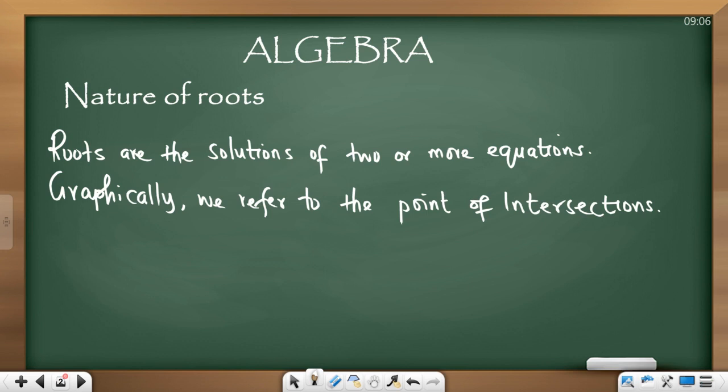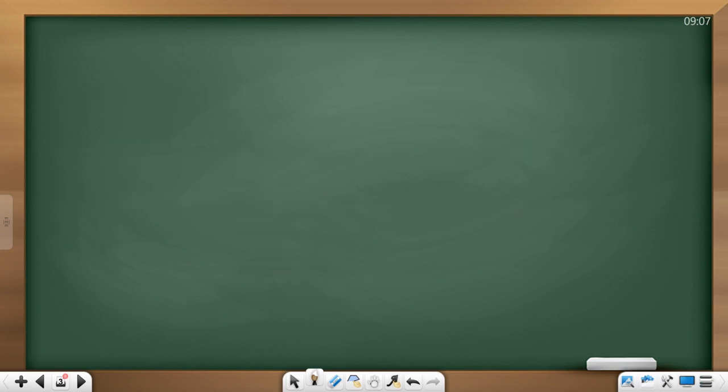Now, basically, there are two types of roots, and I'm going to break them down. Let me go to the next page. So we have types of roots.